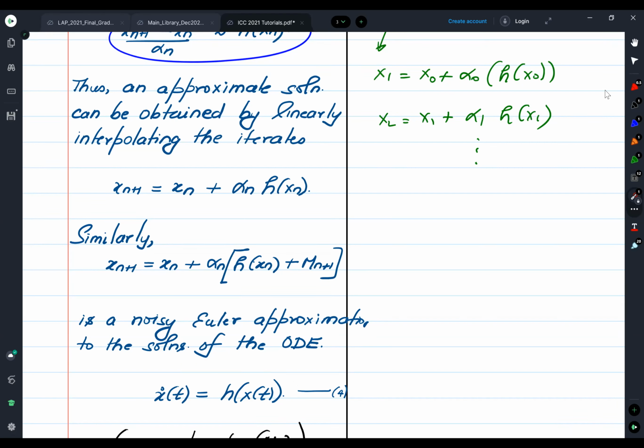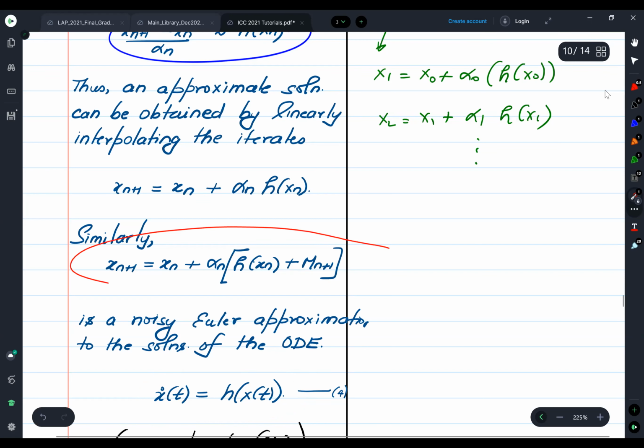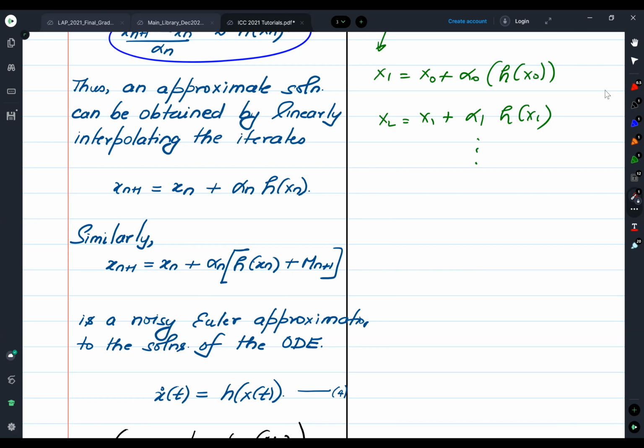Now let me summarize what happened. Let's say you are given a stochastic approximation algorithm that looks like this. If you are aware of the Euler method for finding approximate solutions, you will notice that this exactly looks like the Euler method, except that there is an additional noise term over here.